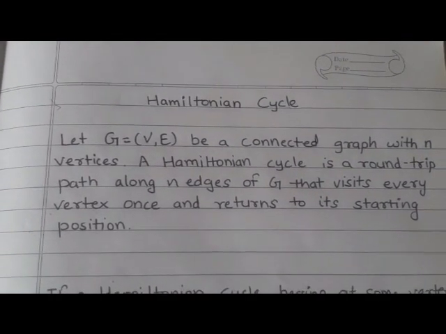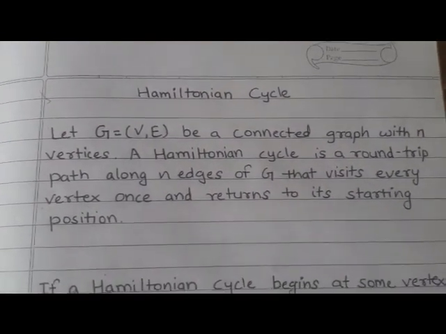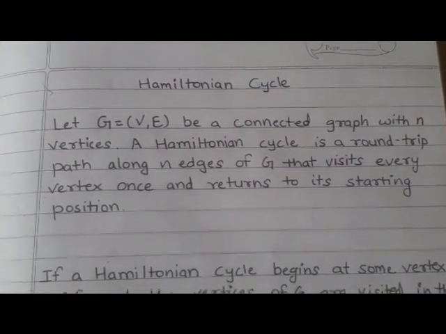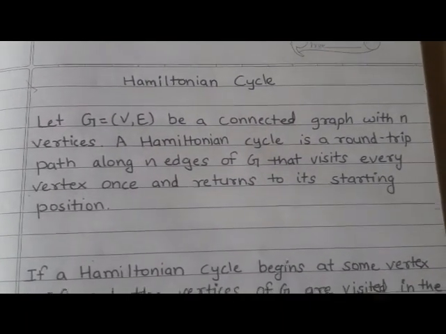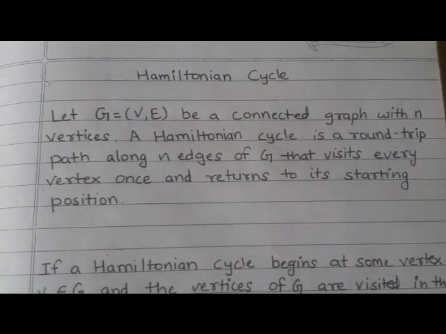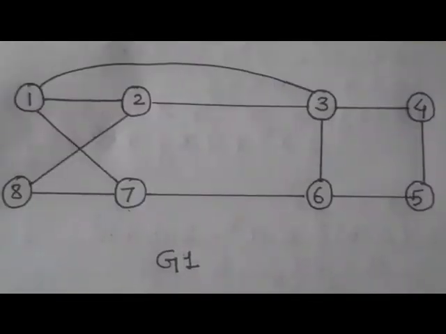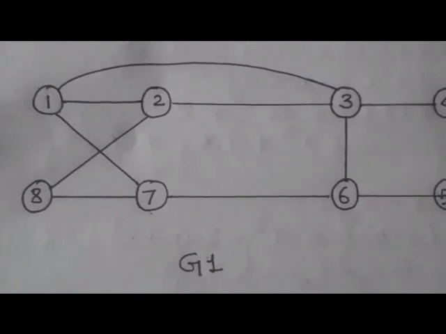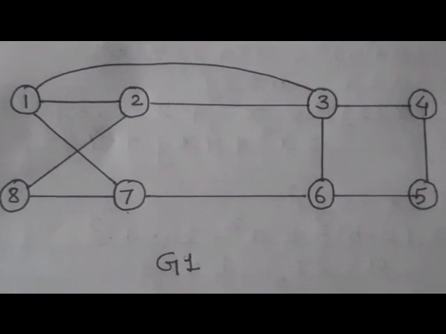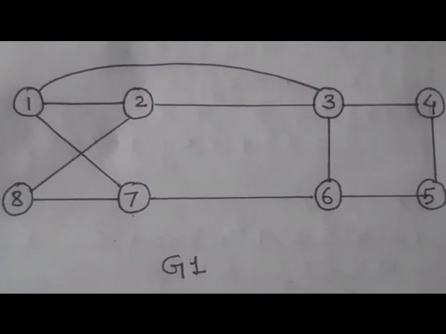Now when we have to find a Hamiltonian cycle, the backtracking algorithm helps us find it for any type of graph. Now we will see an example of an undirected graph. This is an undirected graph, and we have to find out whether this graph contains a Hamiltonian cycle or not.